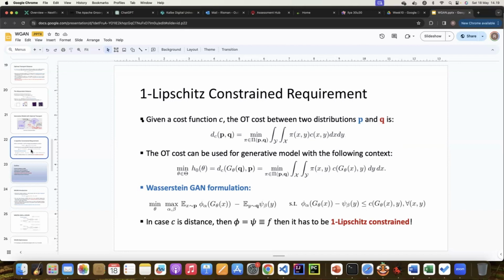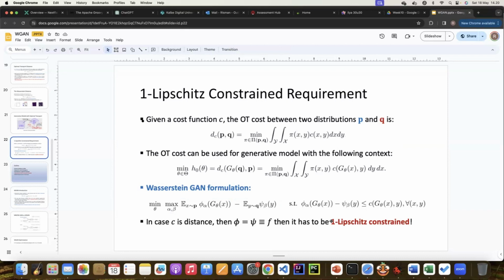Based on this formulation, we can reformulate using Wasserstein distance so that GAN is minimized and maximized on the expectation value of this one. It's much simpler. But to make sure this happens, we first have to make sure we have the Lipschitz constraint.